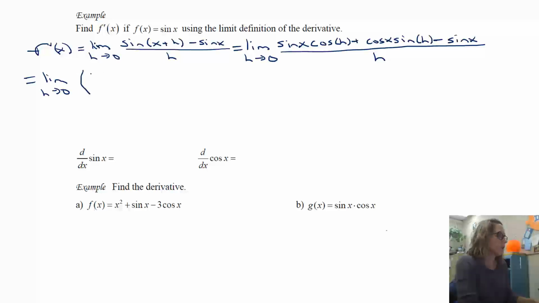So as you can see, I'll have sine x cosine h, and I'll subtract from that sine x. You can probably see that both of those have a sine x, and I'll put that over h. And then I'll add to that what I have left, which is cosine x sine h over h. There we go.